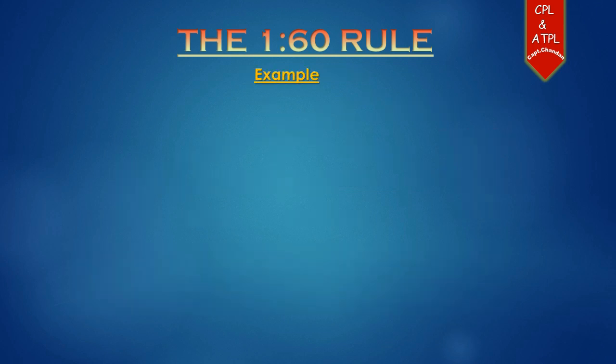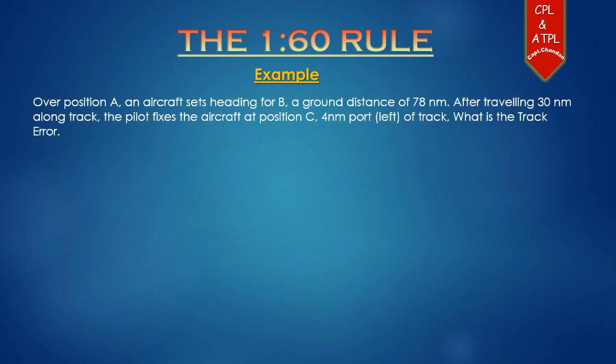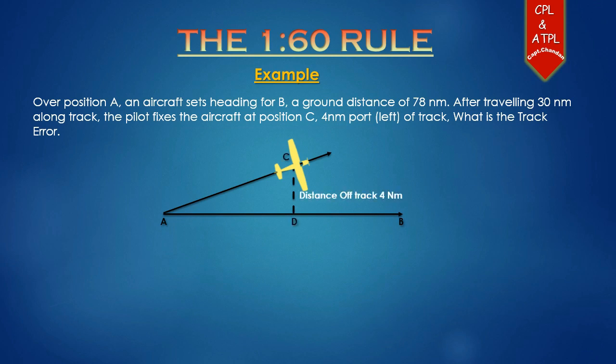We'll take one example. Over position A, an aircraft sets heading for B, a ground distance of 78 nautical miles. After traveling 30 nautical miles along track, the pilot fixes the aircraft at a position C, 4 nautical miles port of track.